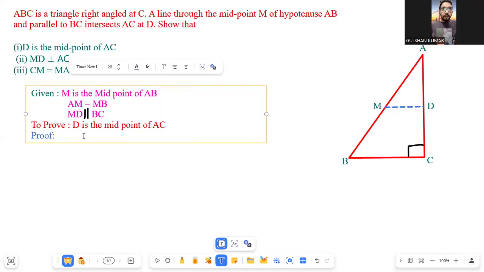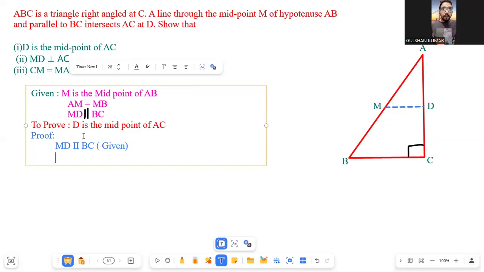Now we have to prove here. Basically, MD is parallel to BC; this is given.